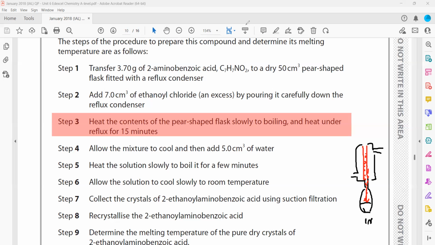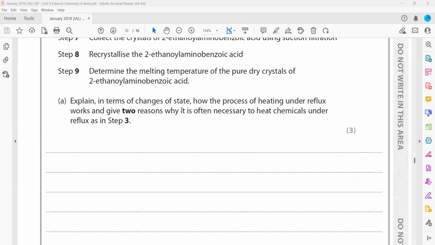So the points, as they ask, explain in terms of changes of state how the process of heating under reflux works. First, heat is absorbed by the contents in the flask, turning them into vapor, and then the vapor is condensed by the condenser, turned back to the liquid state.